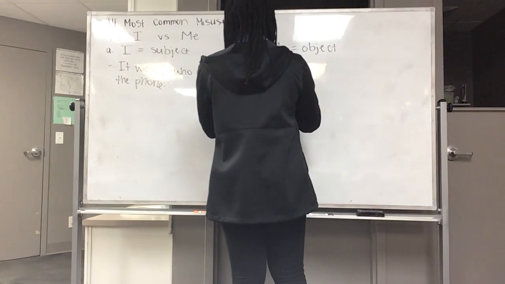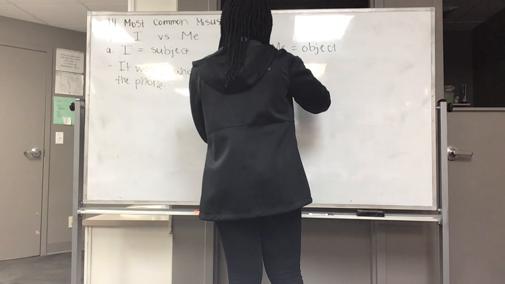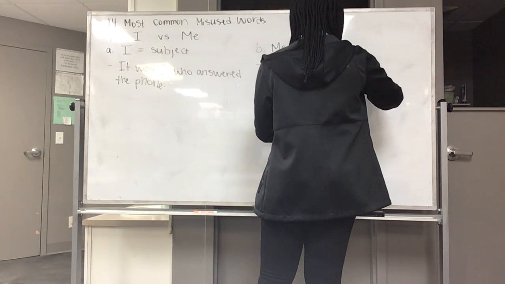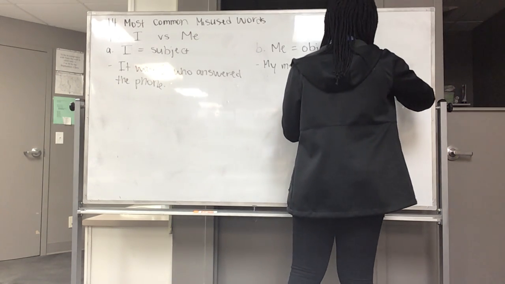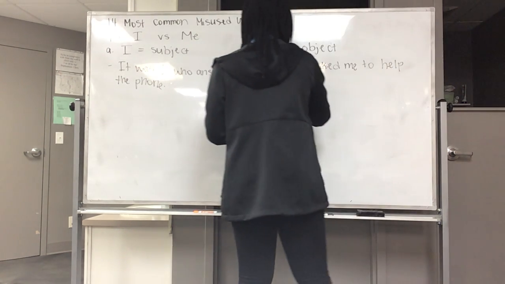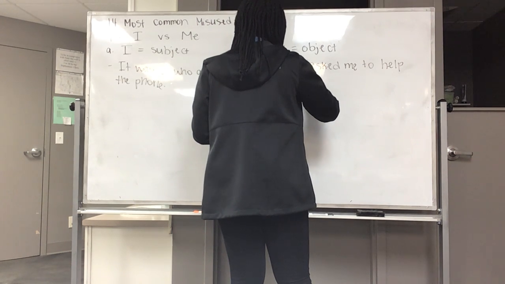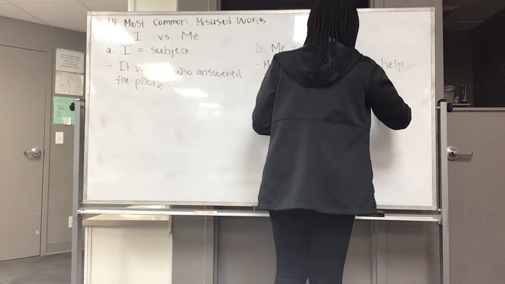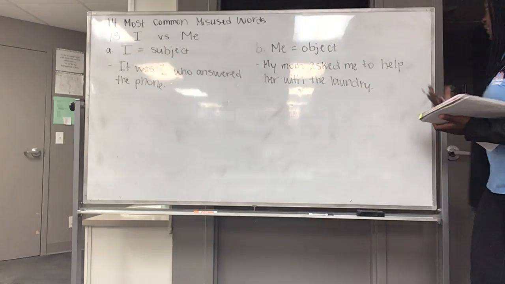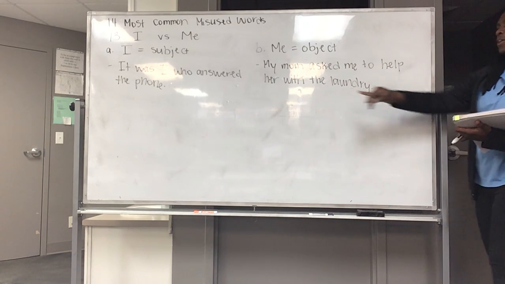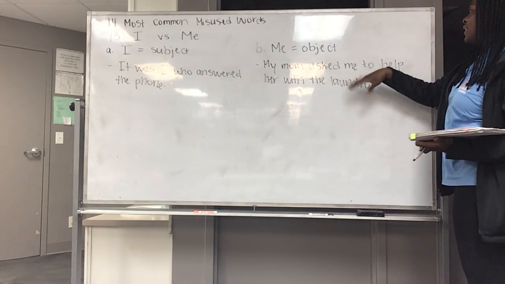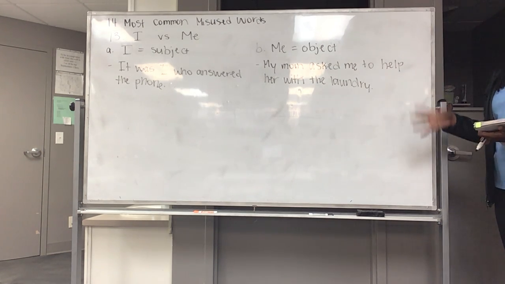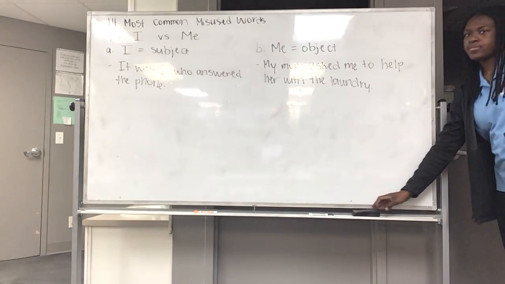So we could say, my mom asked me to help her with the laundry. Because your mom is the subject and you're the one being asked to help with the laundry, we're going to use me in that instance instead of I.